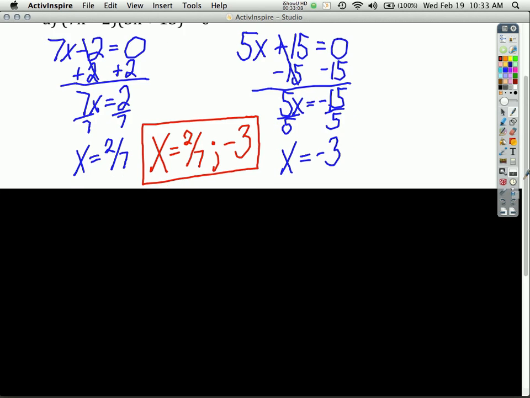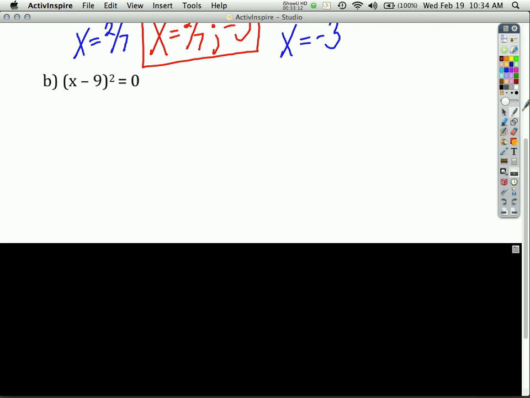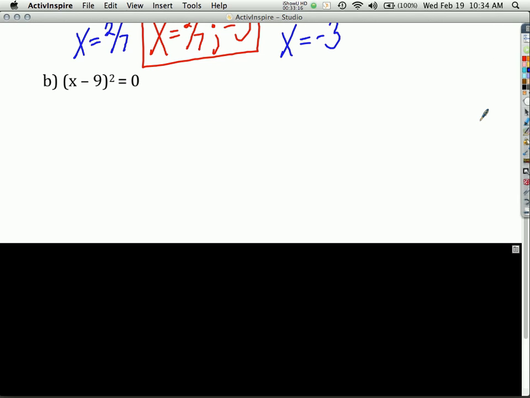All right. Part B. Square of a binomial.